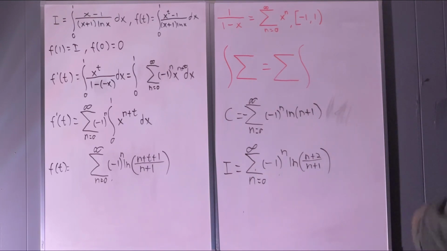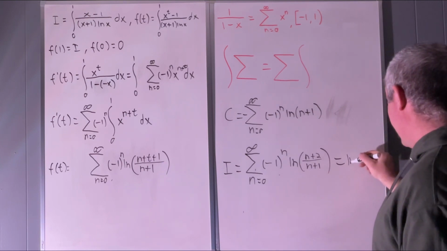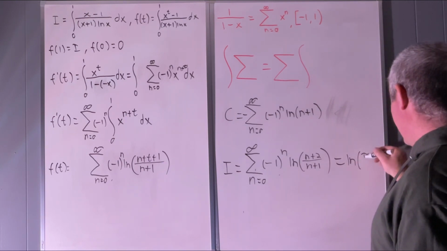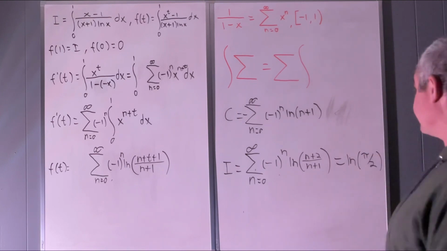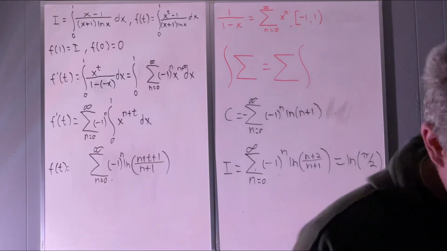The channel that I got this from, Mathematics MI, he actually got like a real answer for it. It turns out it's the natural log of pi over 2. I think, I hope I'm remembering that correctly. I believe it's the natural log of pi over 2. Let me check that really quick.